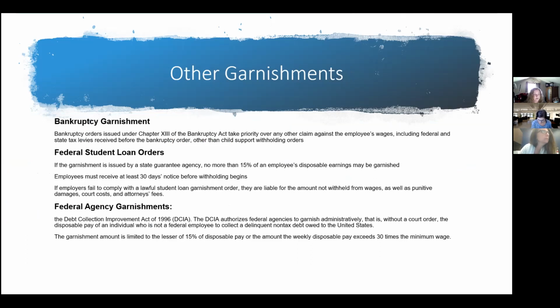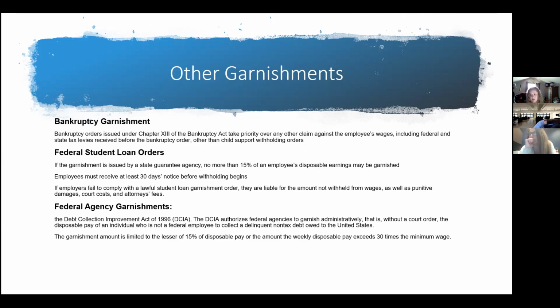So other garnishments that we haven't really talked about yet are bankruptcy garnishments, federal student loan orders, and federal agency garnishments. Federal student loan orders, I know those were put on hold back when COVID first started. Has that been lifted yet? I think they're still on hold. Federal student loan garnishments are generally only 15%.